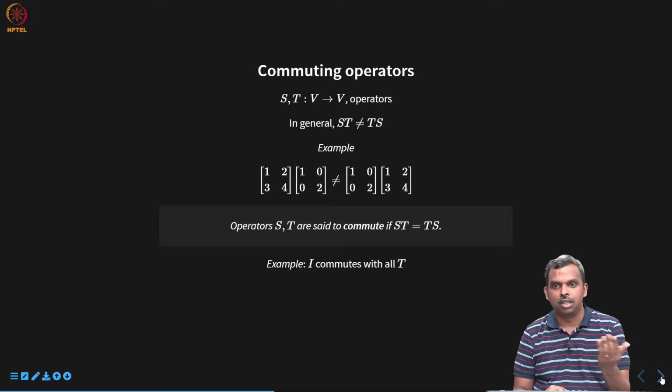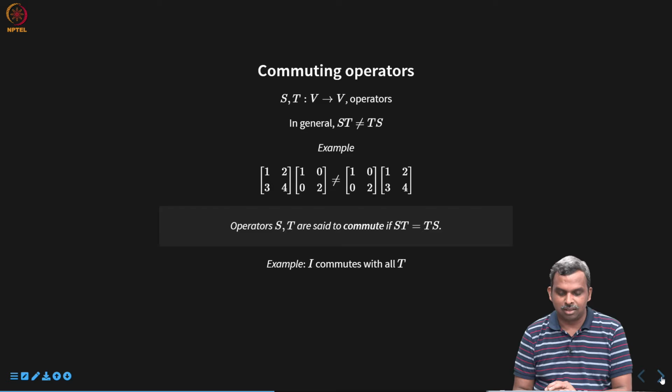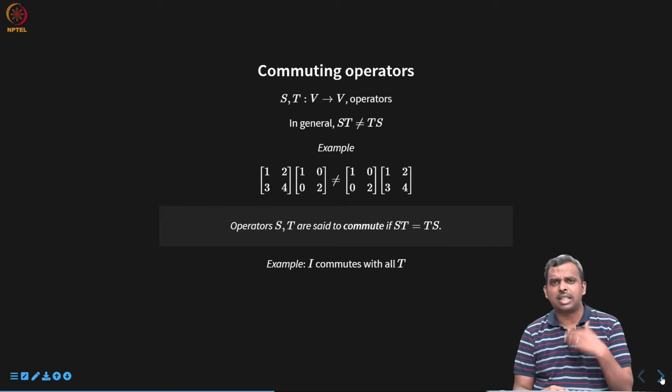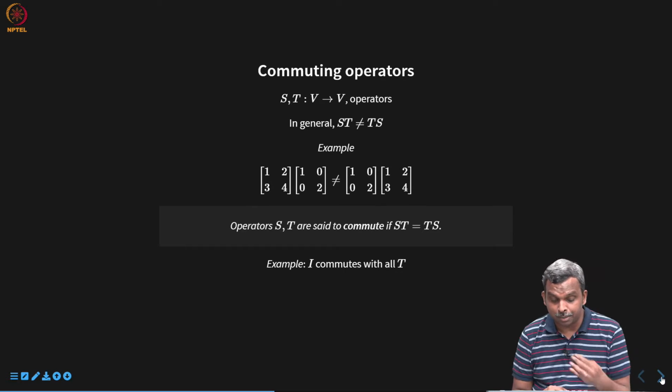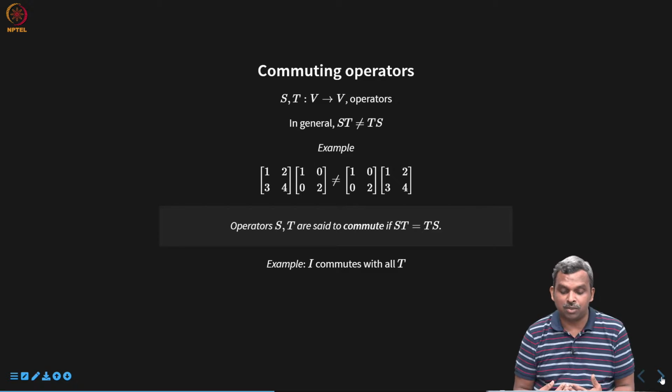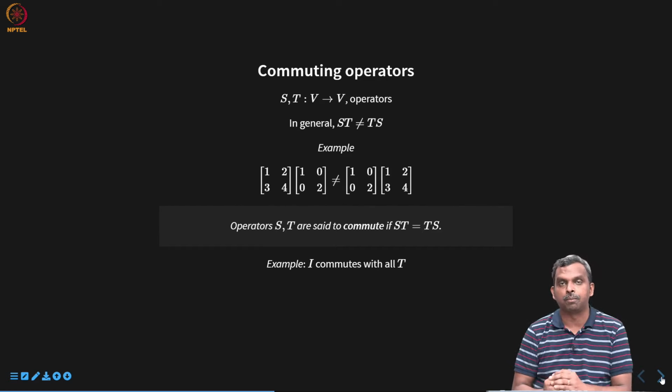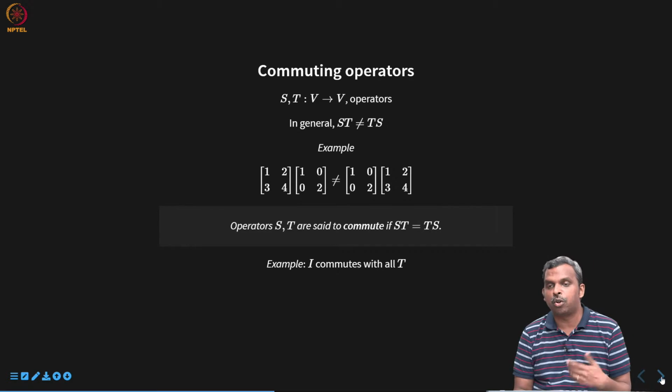That's the definition. There are lots of examples of commuting operators, and the simplest and easiest example is when one of the operators is the identity operator. If you have I as one of the operators, clearly it commutes with any other operator. It doesn't matter whether you apply identity before an operator or after an operator, nothing really changes.